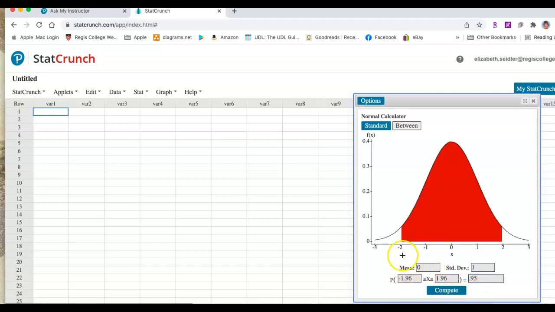So I come up with 1.96 to the right over here and minus 1.96 to the left over here. We're not counting this area. We're actually interested in the area in the tail, but that's indifferent to this. It is the cutoff point.